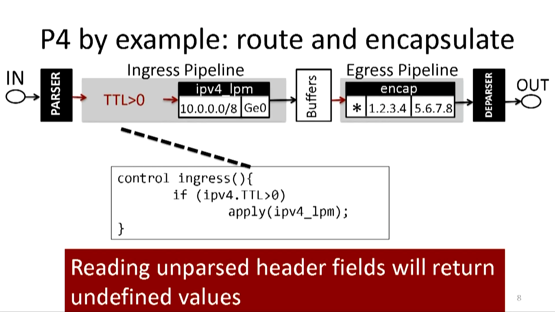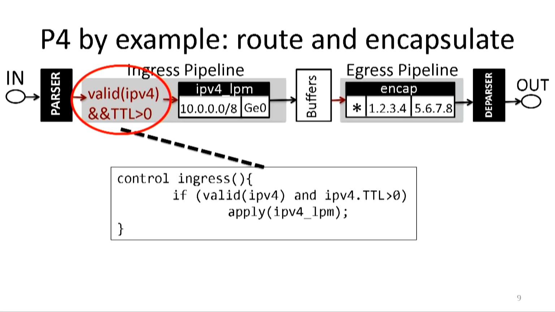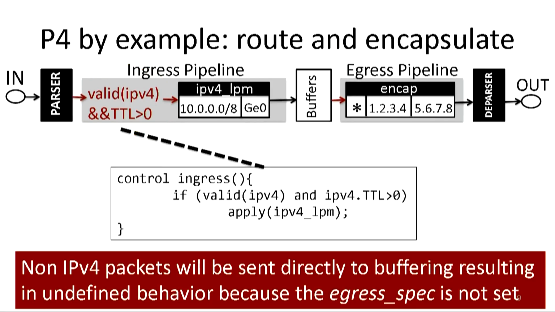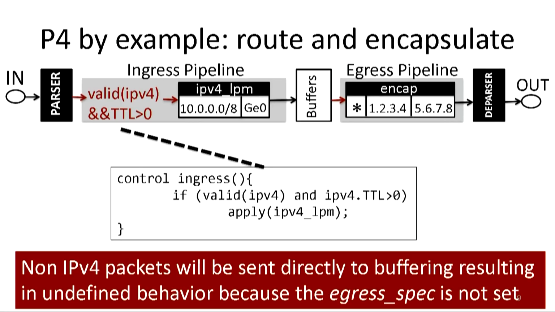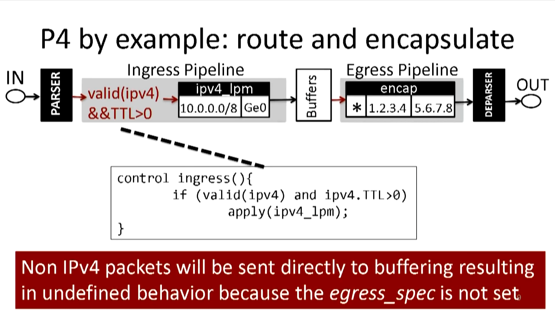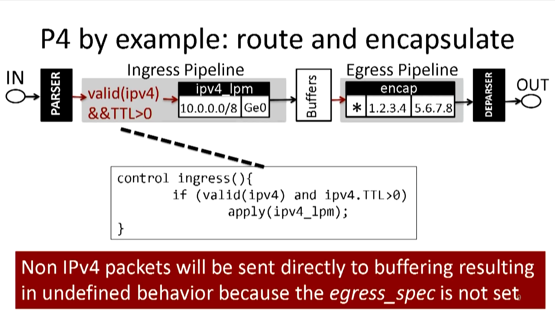So the correct thing to do here would be to add a validity check before we compare the TTL field. This is how it would look. However, this does not mitigate the problem completely because we're still accepting non-IPv4 packets, which will fail the validity check and then get forwarded to the buffering mechanism with no egress specification being set, in which case the behavior is undefined, target dependent.